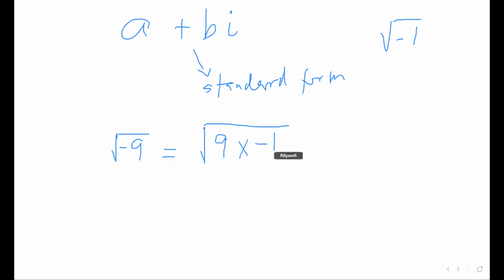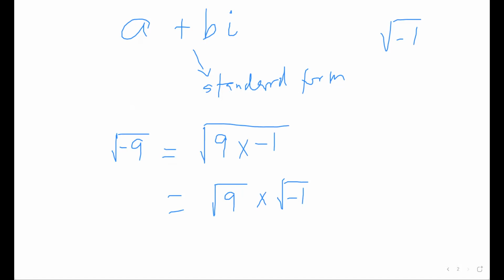Remember, 9 times negative 1 is negative 9. All of these are under the square root, so I'm not changing a thing.